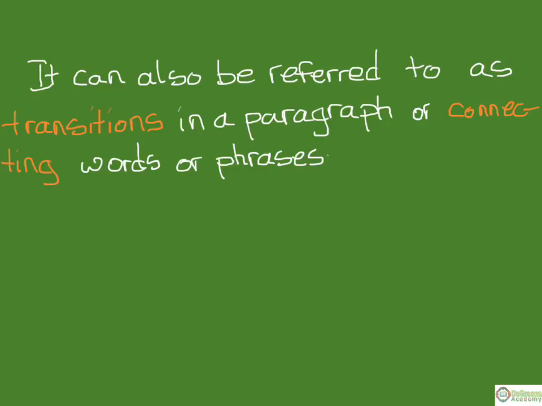In order for us to move from one sentence to another, we must have some words that will help us move from one sentence to another. It will help us to break down the ideas, to explain it in more clear terms. And these words are what we refer to as linking words or transition words, or you can better still call it connecting words or phrases.